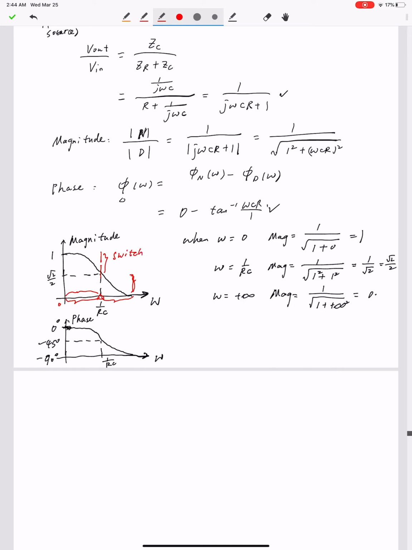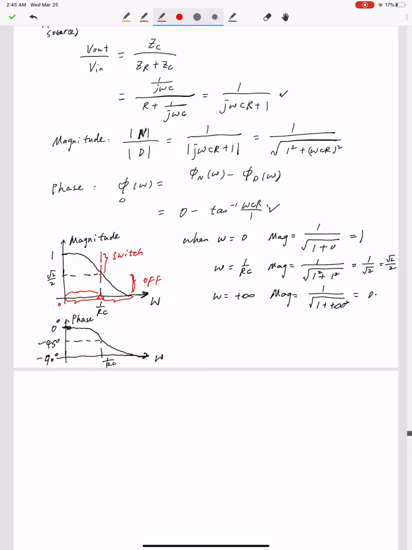It will accept low frequency signals and reject high frequency signals, because when the frequency is above 1 over RC, the switch is off because the magnitude is very low.